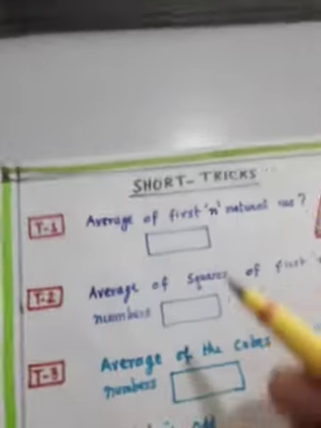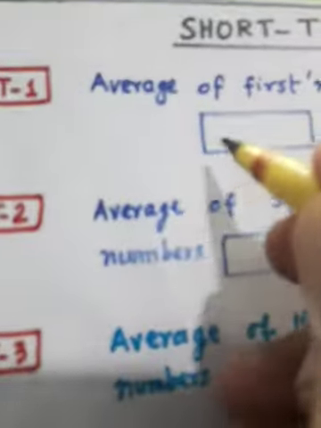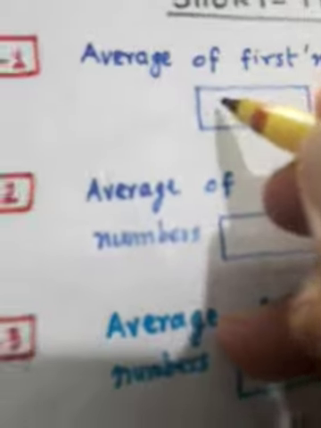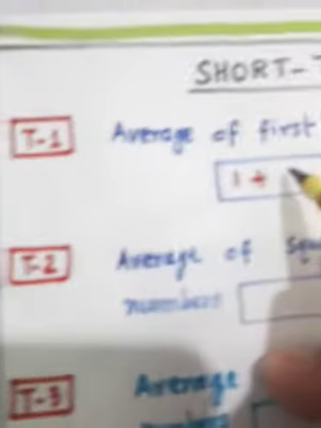I will be writing the formulas for you here. Look here. In the case of the first, the formula is first term, that is 1, and last term is n, divided by 2.